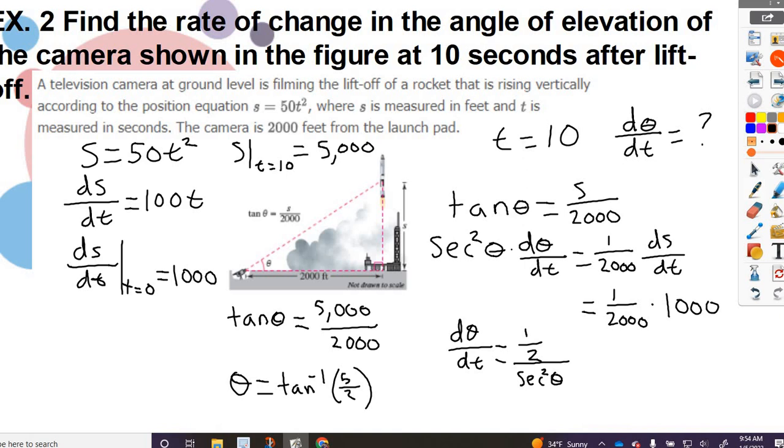You're going to plug all of that into your calculator. There's going to be lots of parentheses though, so make sure that you end your parentheses after your tangent inverse. You also need to end your parentheses after the secant, so you can square that number. You don't want to square the inside, you want to square the whole secant part.